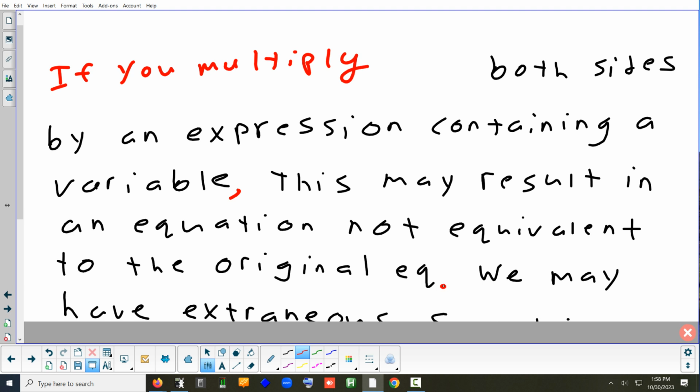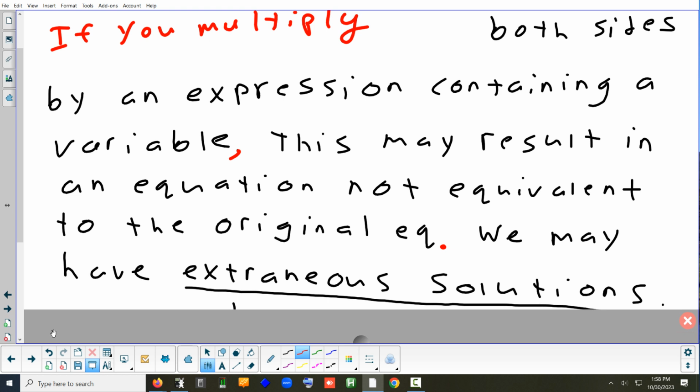You may have what's called an extraneous solution.